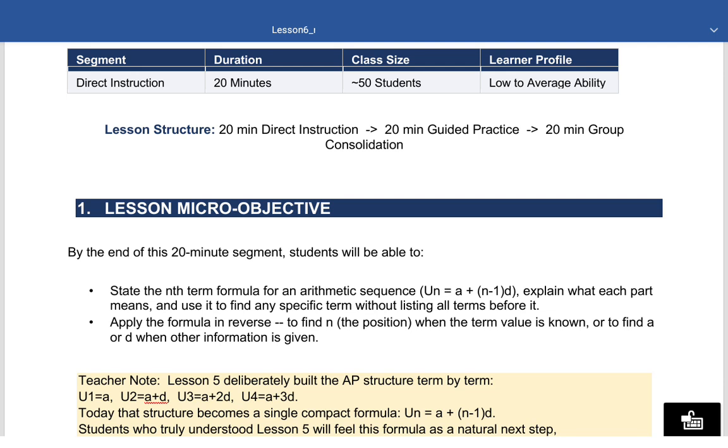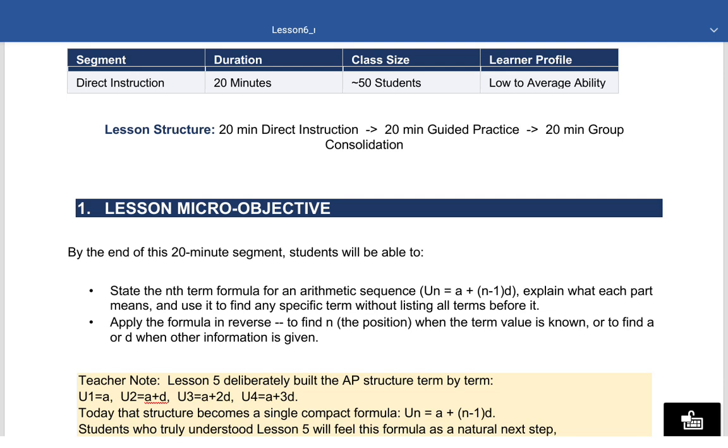So let's try this and see. If I want the 6th term, what do I substitute for n? It is 6.